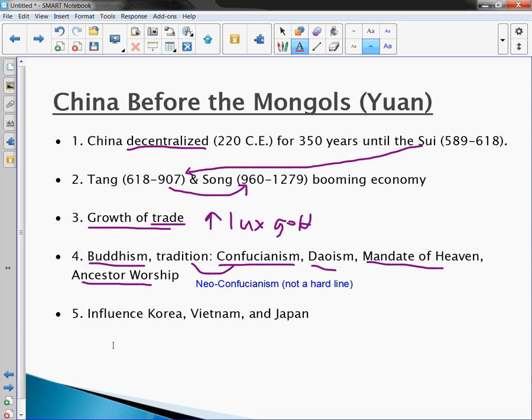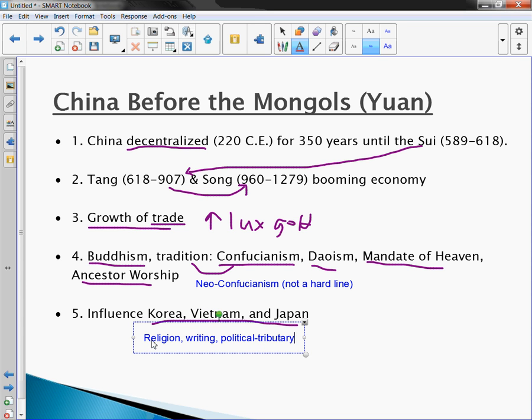Also, China continued as this huge, powerful country to have a lot of influence in other countries around it, particularly Korea, Vietnam, and Japan. Influences included religion, like Buddhism, and philosophies like Confucianism, writing, and political relationships, including tributes.